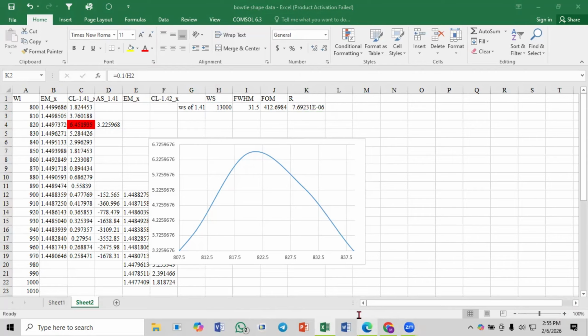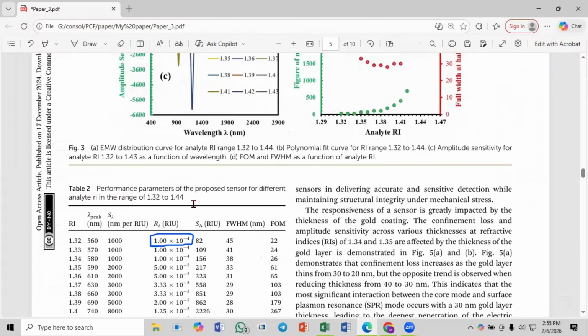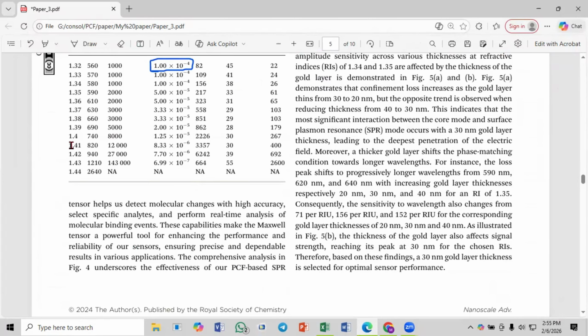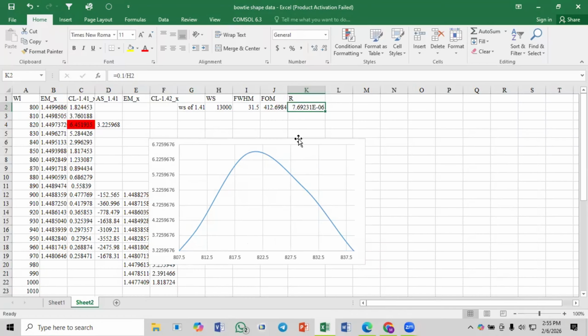In our paper, for 1.41 it is 8.33 into 10 power minus 6, and in our case it's 7.69 into 10 power minus 6. The lowest resolution is the best result.